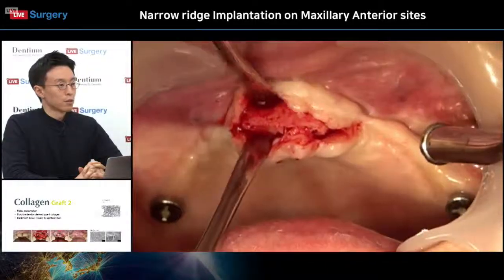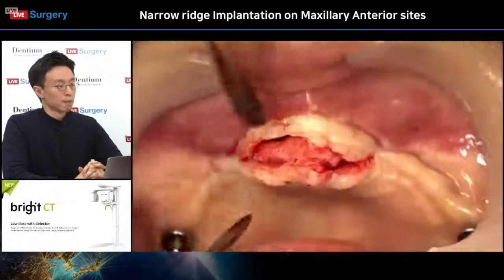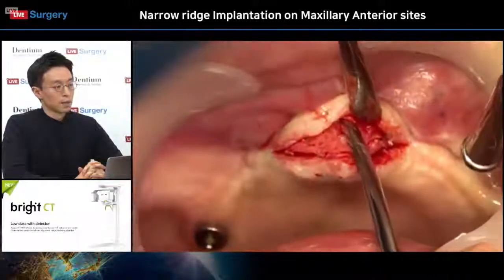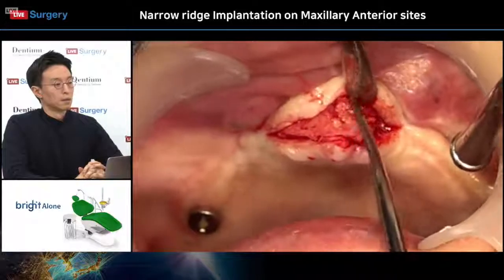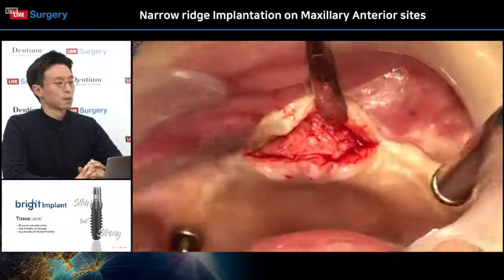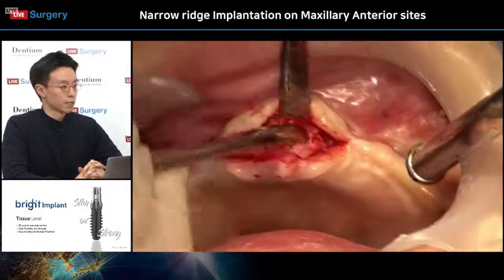We can see the particulated bone at the surgical site. I guess there was bone grafting at the anterior maxillary area.